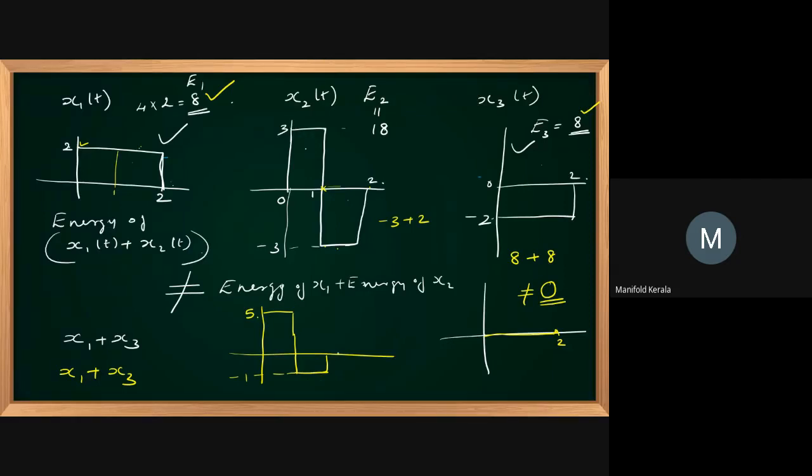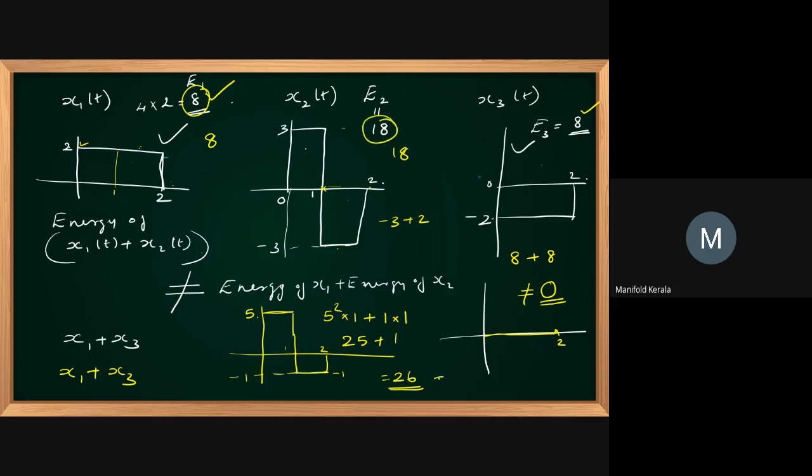Now, what is the energy of this new signal? The energy of the new signal will be amplitude square into width. 5 square into width 1, correct? Plus minus 1 is the amplitude in the second part, minus 1 square, which is 1, into width 1. So this is 25 plus 1 equal to 26. Now, what is the sum of energies? I got the energy E1 equal to 8 and E2 equal to 18.